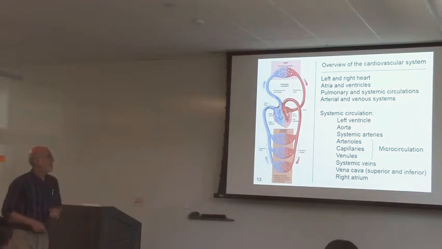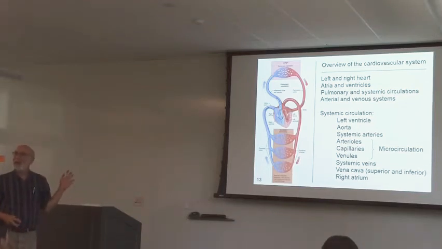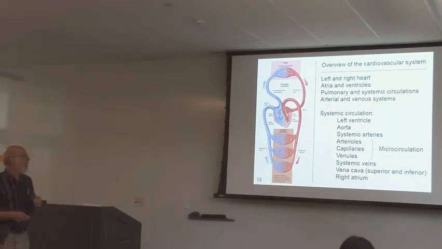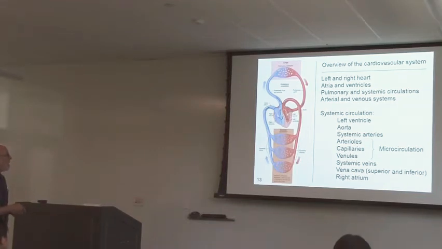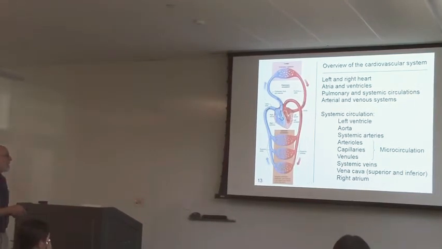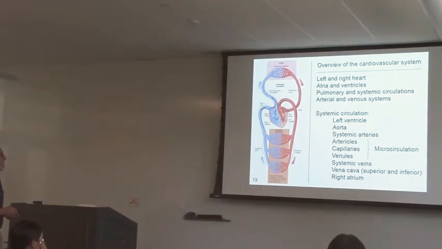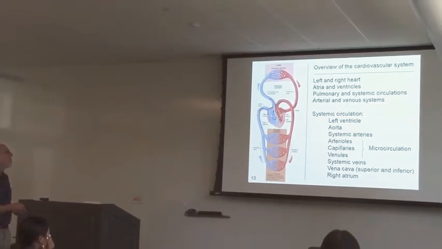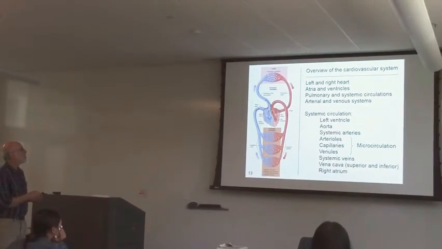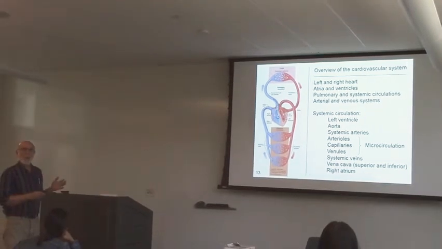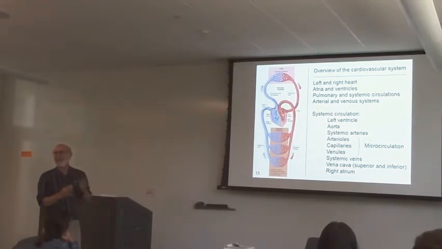There's a major defect in this cartoon. We've got the body here, you can imagine this being some skeletal muscle bed, maybe this is the digestive tract, maybe this is some other skeletal muscle bed. We've got the pulmonary circulation here, which we'll talk about more in a minute. What is missing?